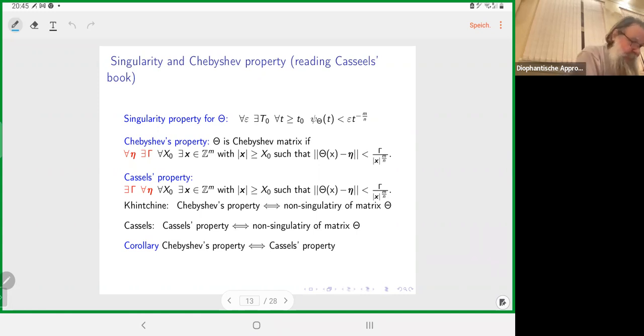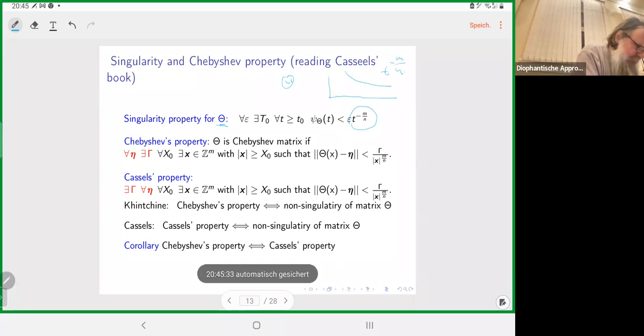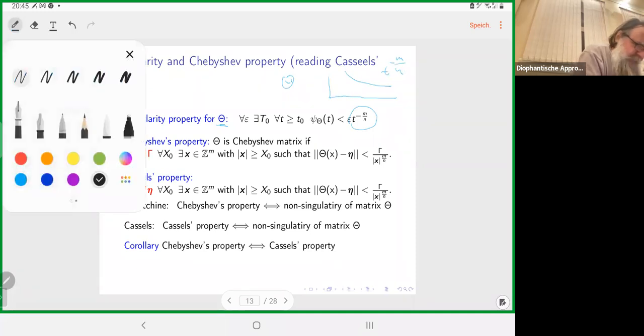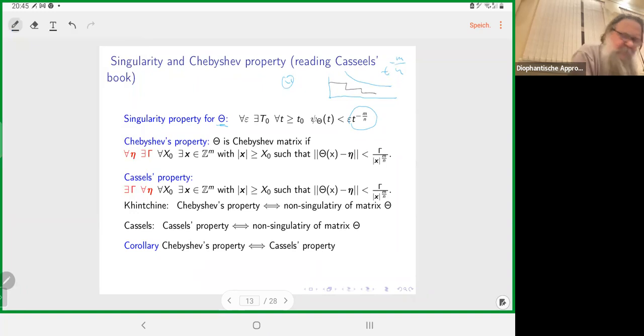So, well, what is a singular matrix? Here is a Dirichlet value for which, for all matrices, if we consider the function Tm minus n, then the irrationality measure function will be below the slope of this T minus m over n.